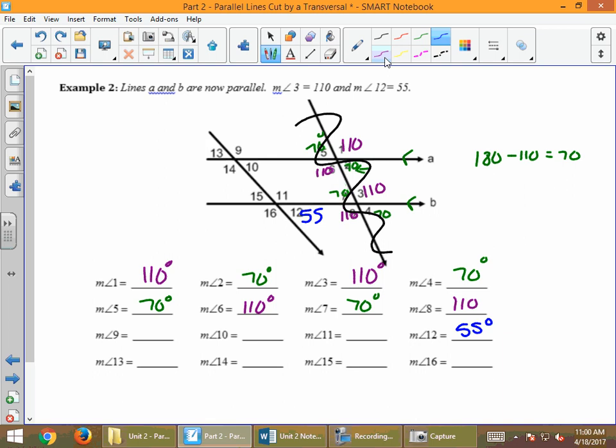You can think 12 and 13 are alternate exterior, so they're going to be the same. 12 and 10 are corresponding. They're sitting in the same corner, that bottom corner, so they're going to be the same. 10 and 15 are going to be the same because they're alternate interior.